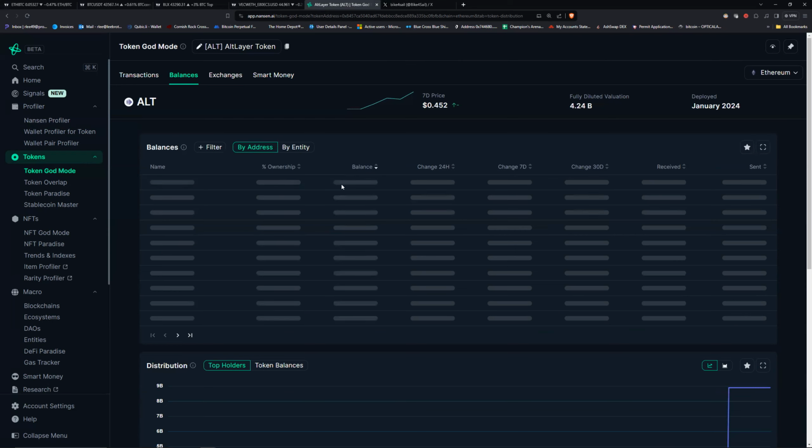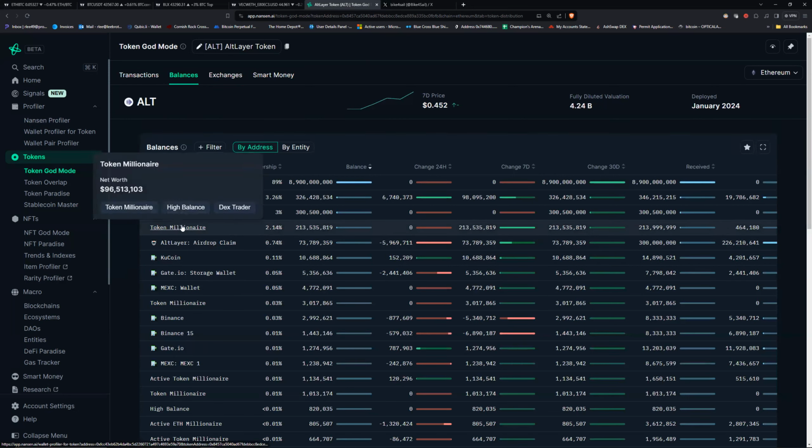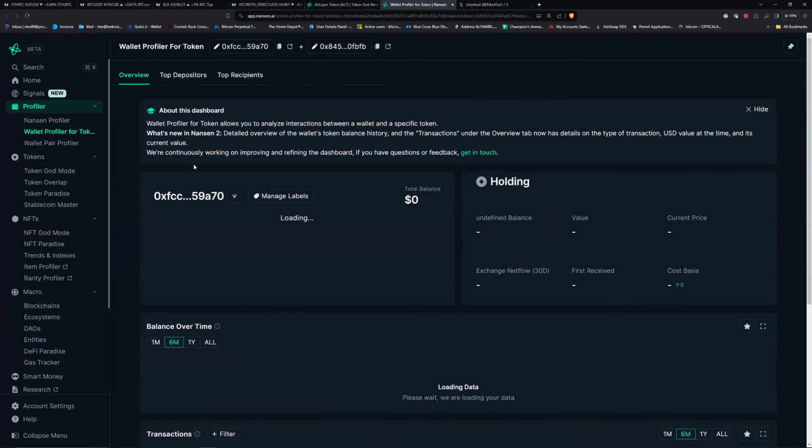And then here's the distribution based on the largest holders. And I think this would be the first one. That person owns 2% of the total coin, which is a lot actually. That's surprising. Curious about this one.